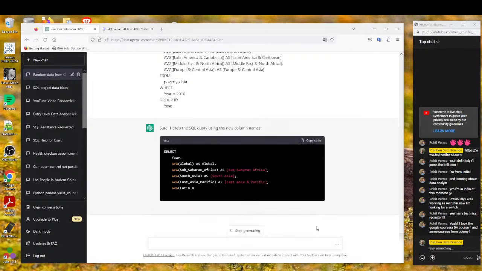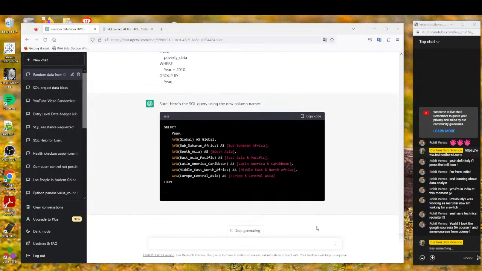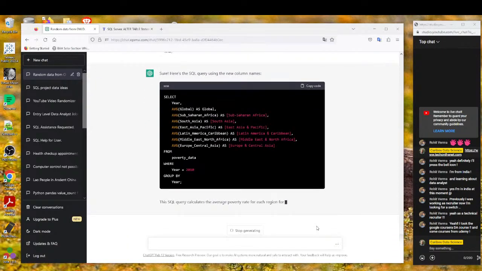No, no, no. You got to use the new column names. You got to use the new column names.